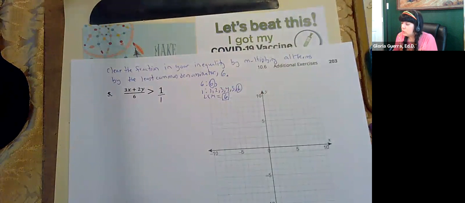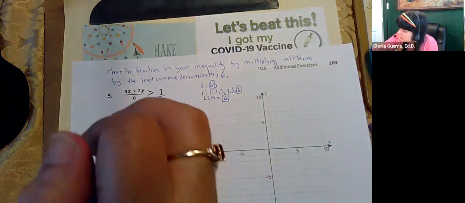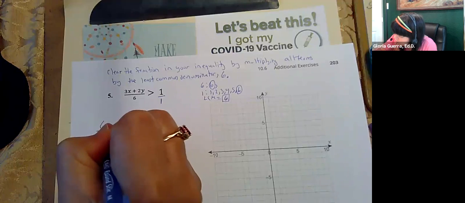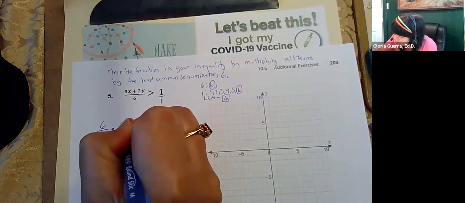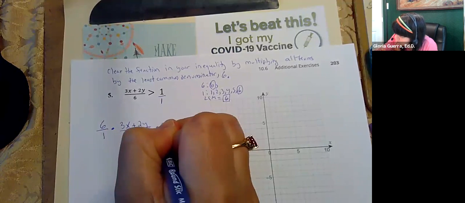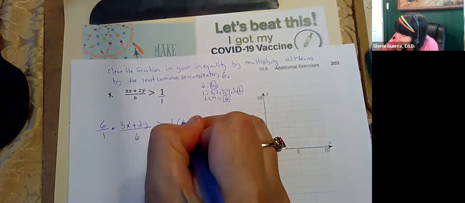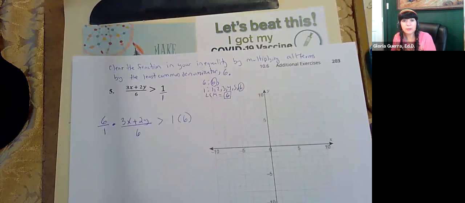Okay, so I'm going to multiply both sides by 6. I'm going to multiply this side by 6 and multiply this side by 6. So I'm going to say 6 over 1 times (3x plus 2y) over 6 greater than 1 times 6. Okay.